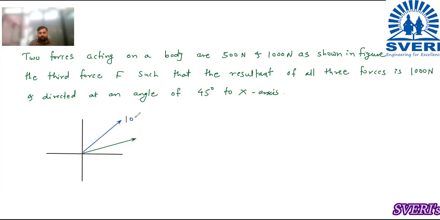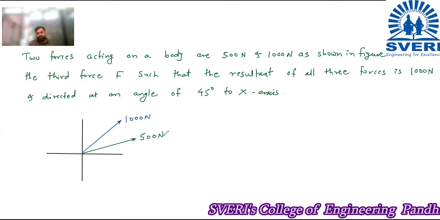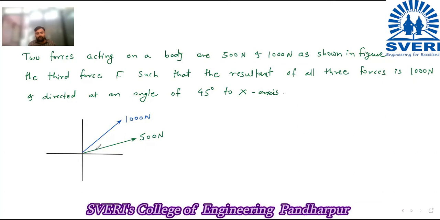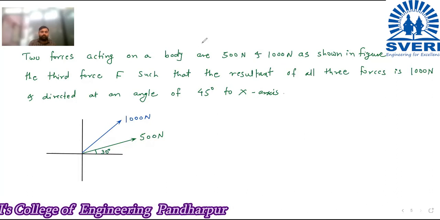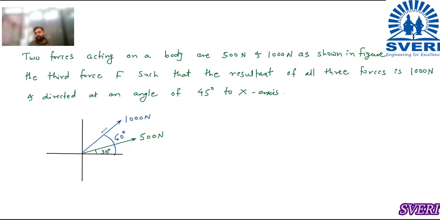And this force is 500 Newton. So the angle of the 500 Newton force is 30 degree, this is given in the figure. And the angle of this 1000 Newton force is given as 60 degree with horizontal.